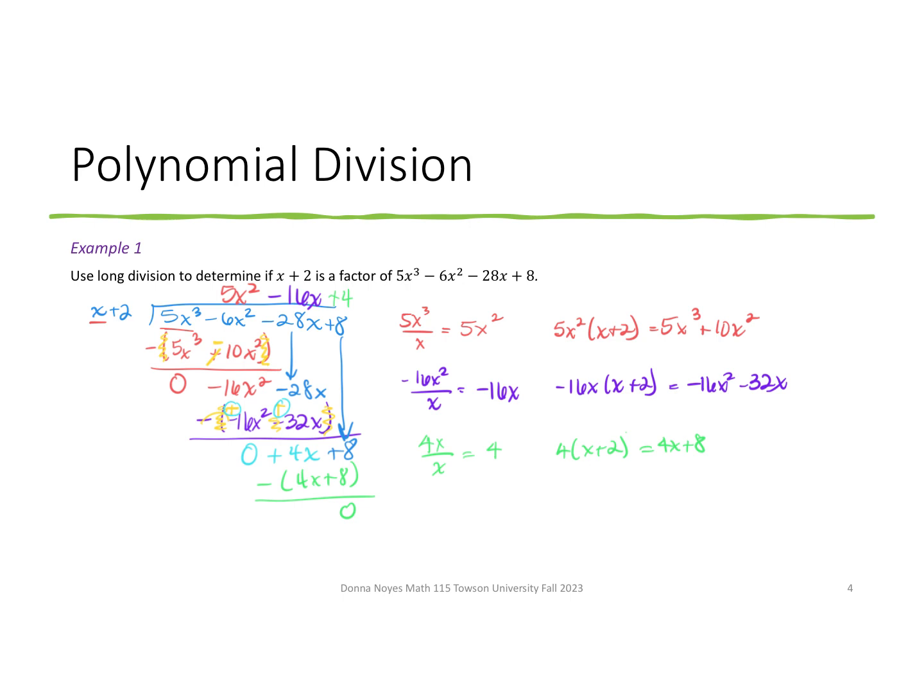What that means is x plus 2 is a factor of 5x cubed minus 6x squared minus 28x plus 8. So we can write 5x cubed minus 6x squared minus 28x plus 8, and we would say that is the same as x plus 2 times, well, what did we get? 5x squared minus 16x plus 4.